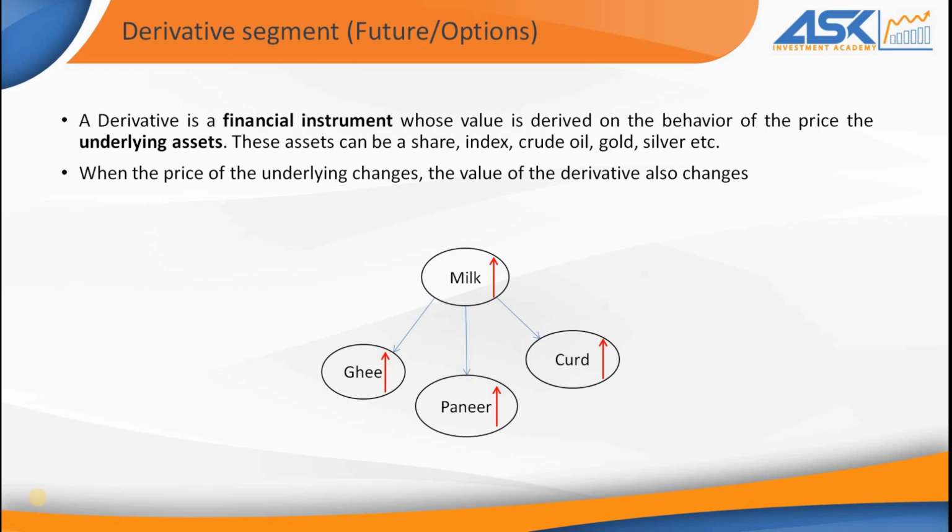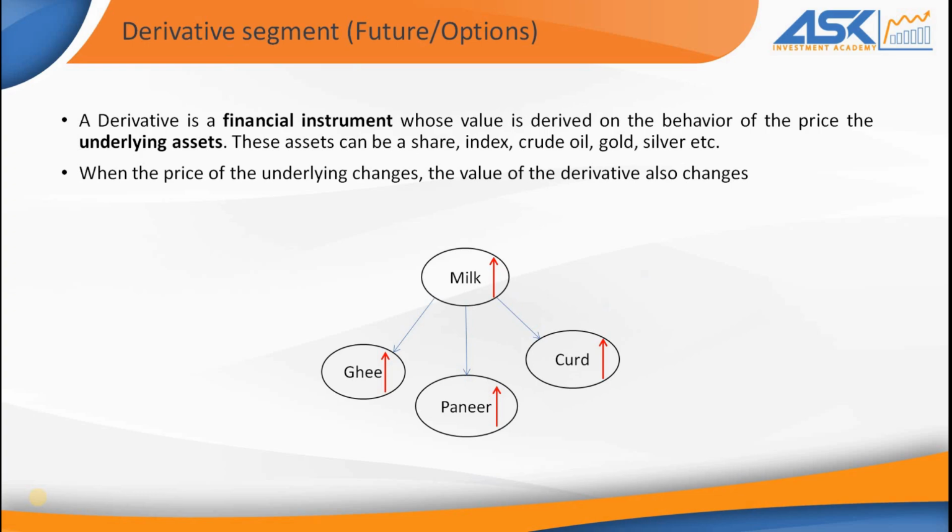Similarly, futures and options are the derivatives of the equity segment. So the equity segment is the underlying asset for the derivatives, that means futures and options. If the equity segment price increases, then the future price will also increase and the call option price will also increase.